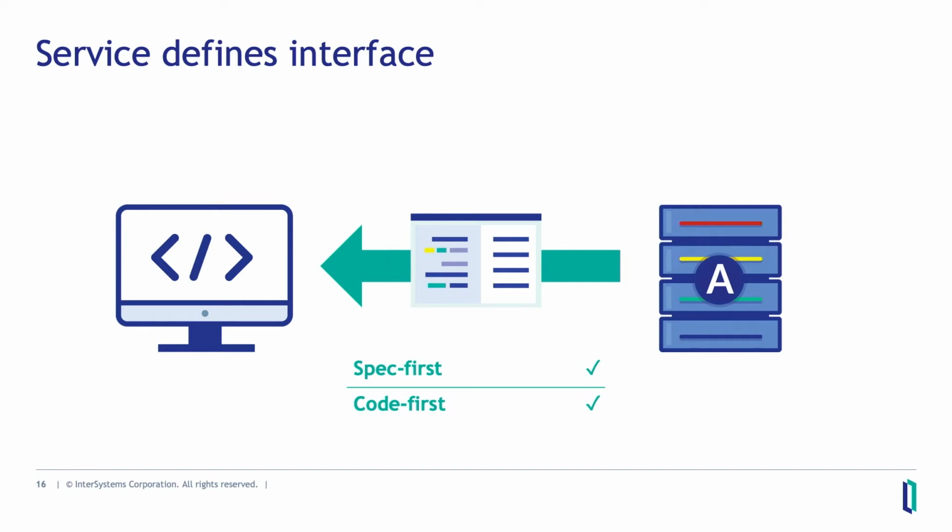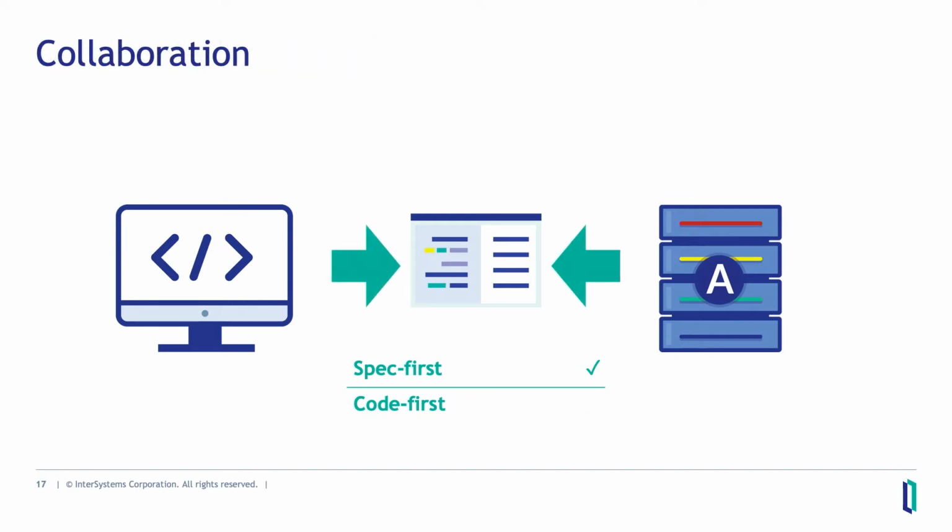And spec-first can work perfectly fine as well, because if we've developed the spec beforehand, each side can generate the code they need. But now let's look at this situation, collaboration, where we have a front-end and a back-end team, perhaps in the same company, working together, and each has their own requirements on what the service needs to do. So the client says, we need the service to implement this way to access some data because we have our own requirement.